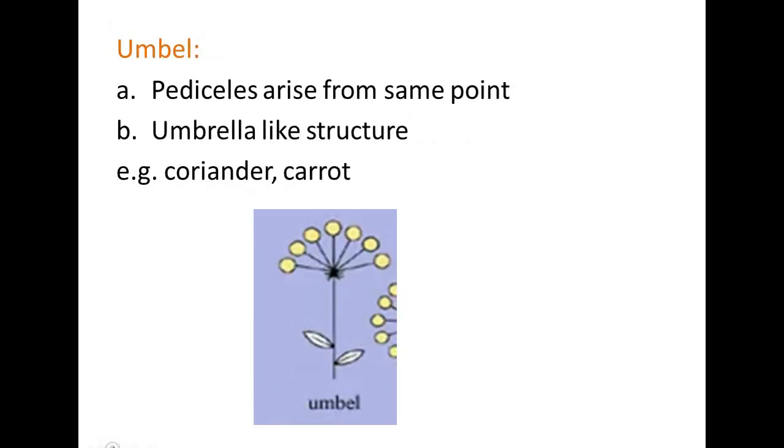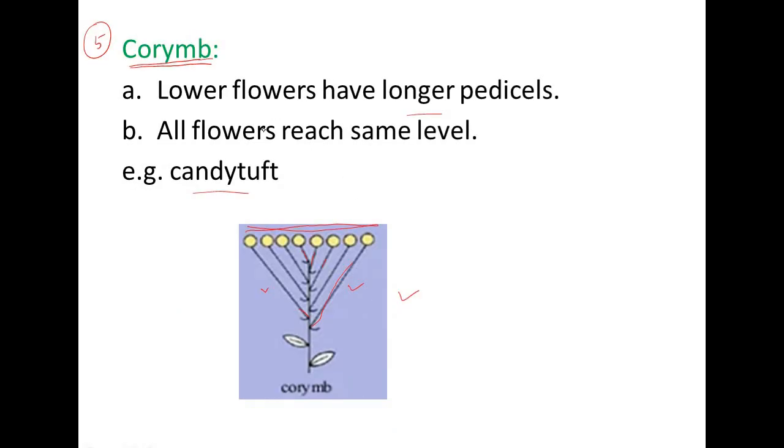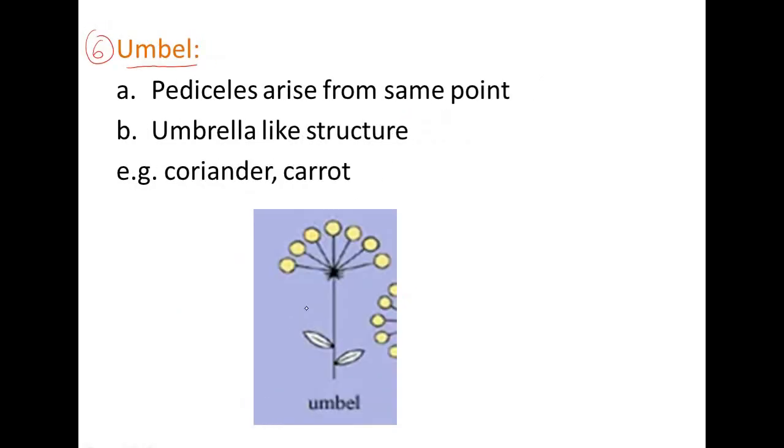The next one is umbel. Corymb is a kind of umbel, but in corymb all flowers are not in the same line, like this. Here, all flowers are at the same level, like an umbrella. That's why U for umbrella.